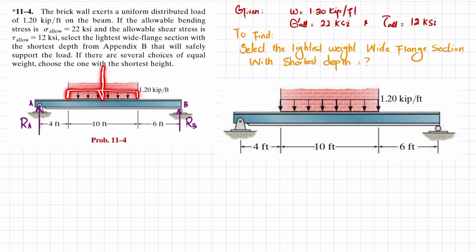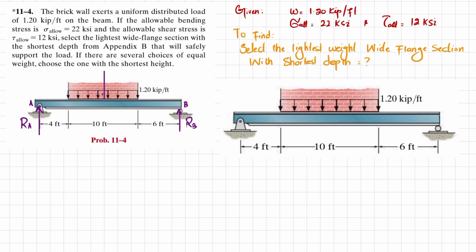For that we multiply 1.20 by the length over which it acts. It will act at half of this length, which is 5 feet. So I will also write that.